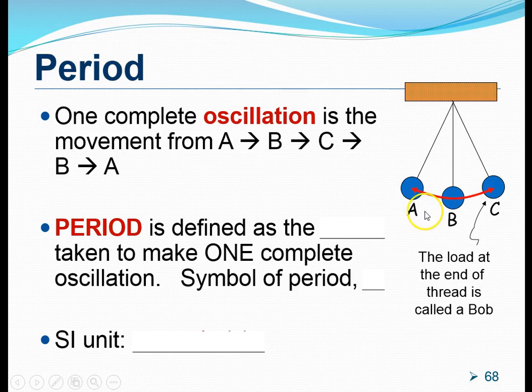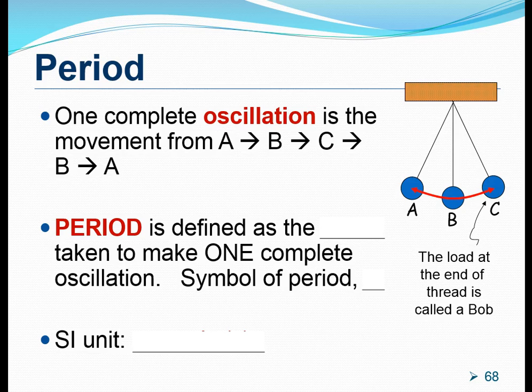If we were to look at this diagram and we were to displace the bob to, say, position C and release it, we know for a fact that this bob will swing from C to B and from B to A, back to B and back to C again. This movement is known as an oscillation. So try not to confuse this with the period itself.